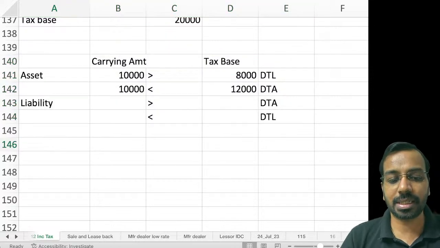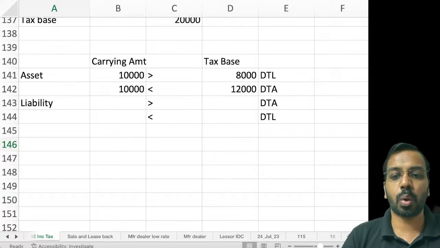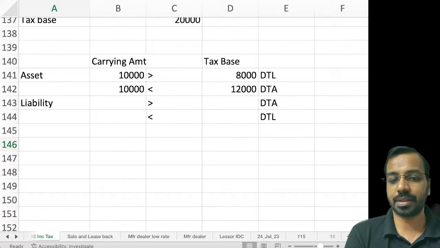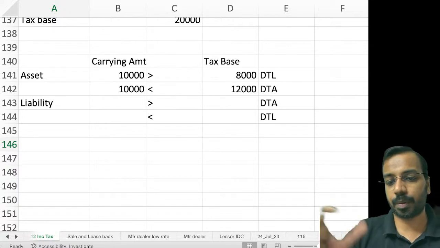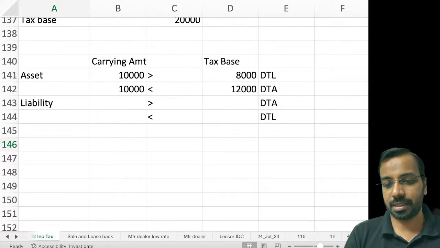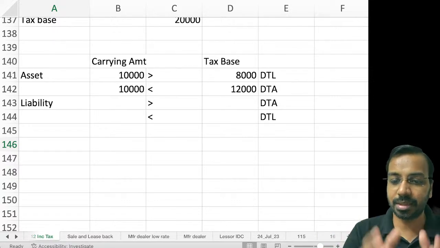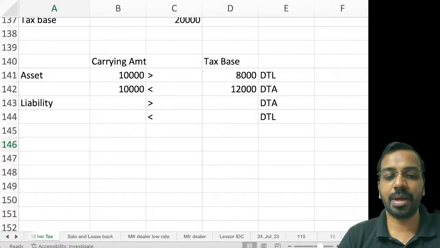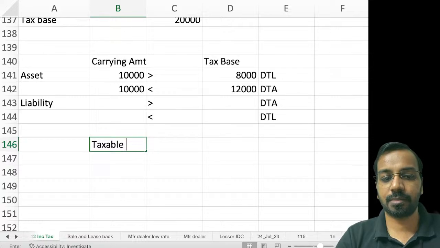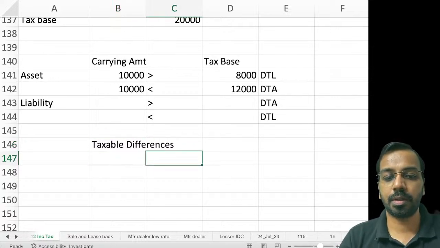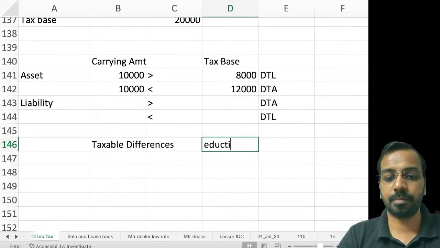Right? Now, what the standard says is, because of these differences, temporary differences. Now, if you look at Ind AS 12, unlike AS 22, we don't have this distinction between temporary, permanent, and all of that. If there are differences, then those differences may result in taxable differences or deductible differences.